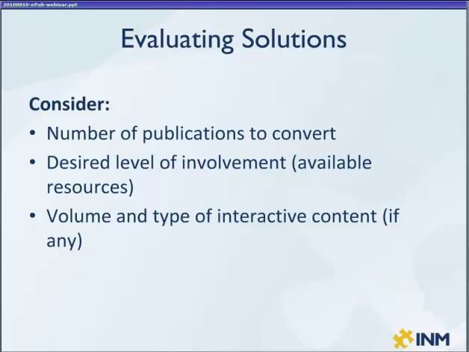When you're talking about evaluating solutions, when we talked about the 4 different types of ways to get your content online, that's going to play into what the best solution is for you. If you have a huge inventory of publications and stacks and stacks of archives of your publications today, then looking at some form of conversion service is going to be potentially costly for you.